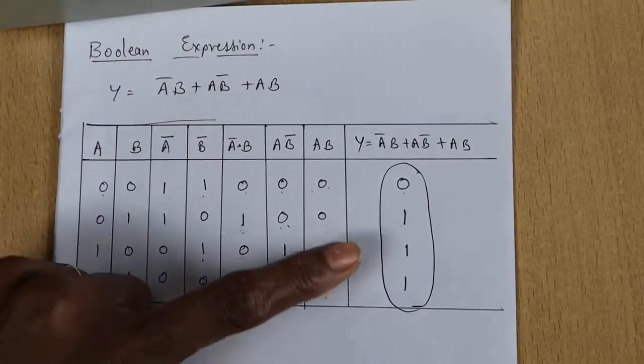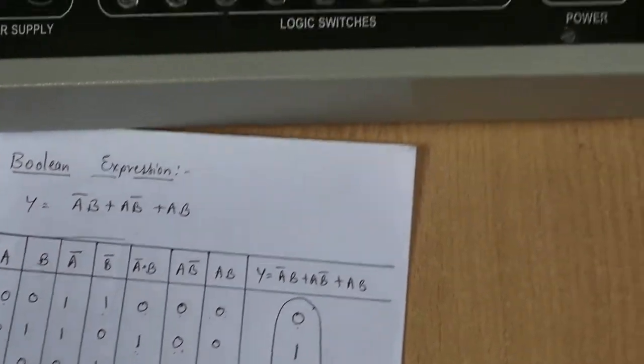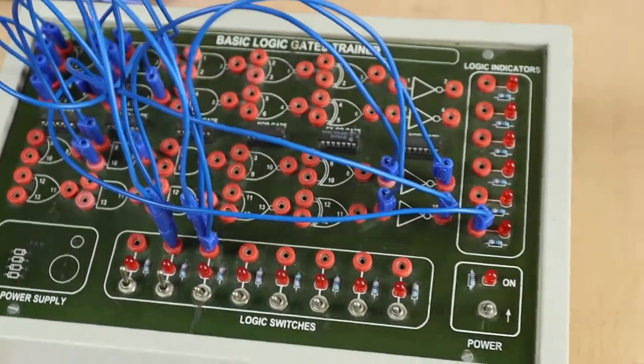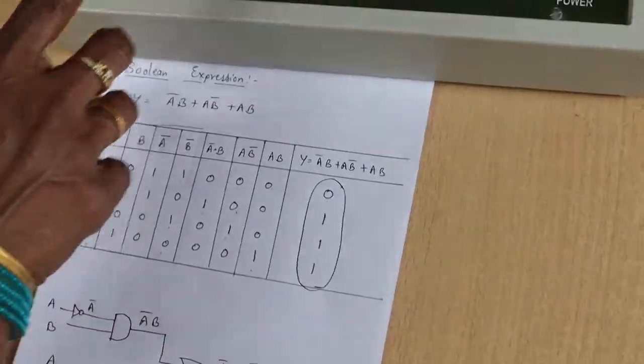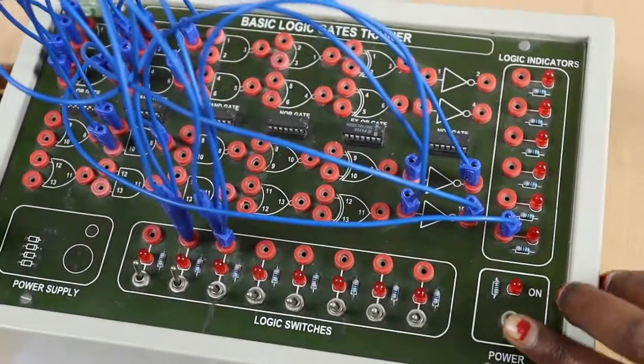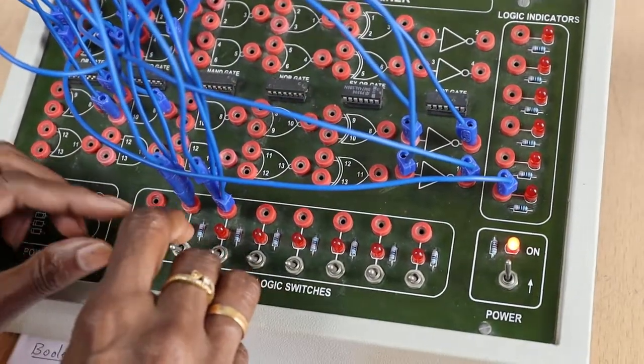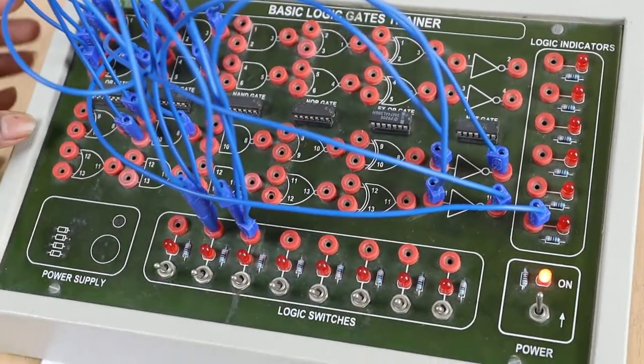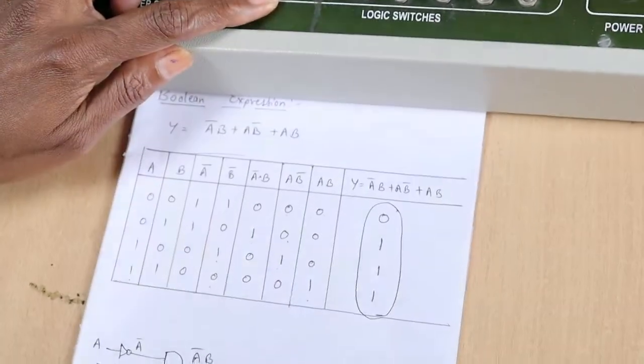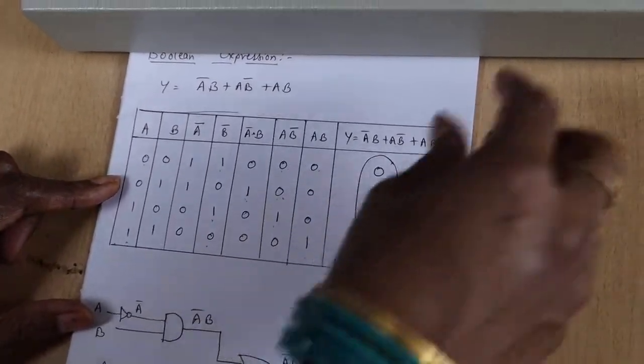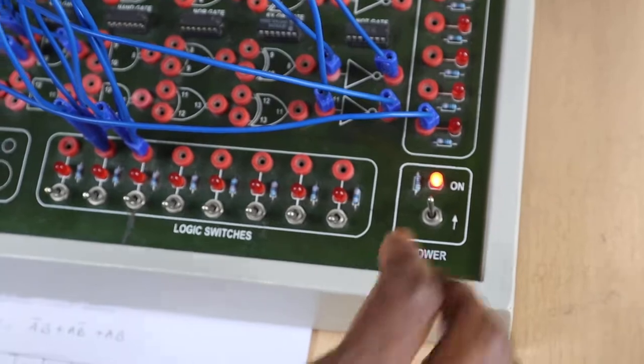Now, we will verify this truth table using this kit. So, the first combination is 0, after giving connections, turn on the kit. Okay. So, the first combination is 0 0, output is 0. So, here the LED is in off state.